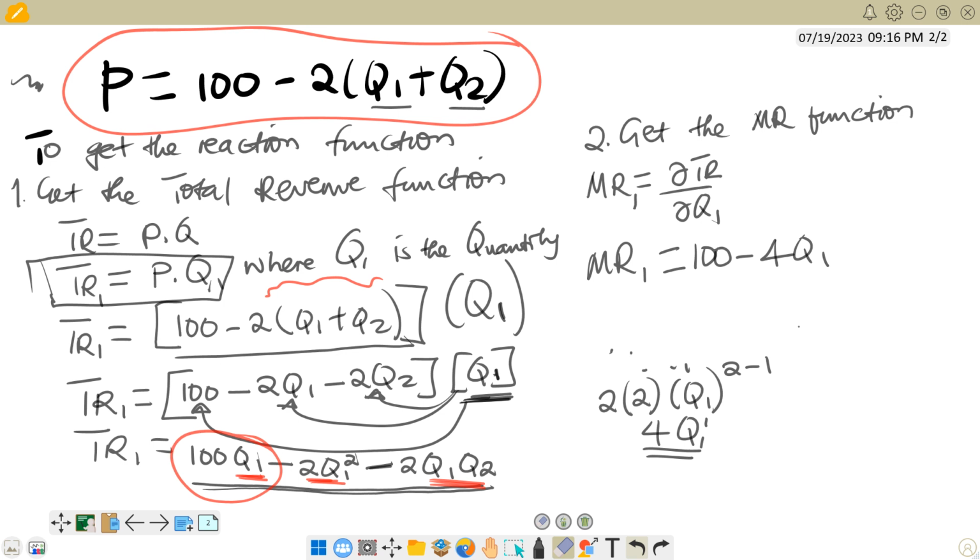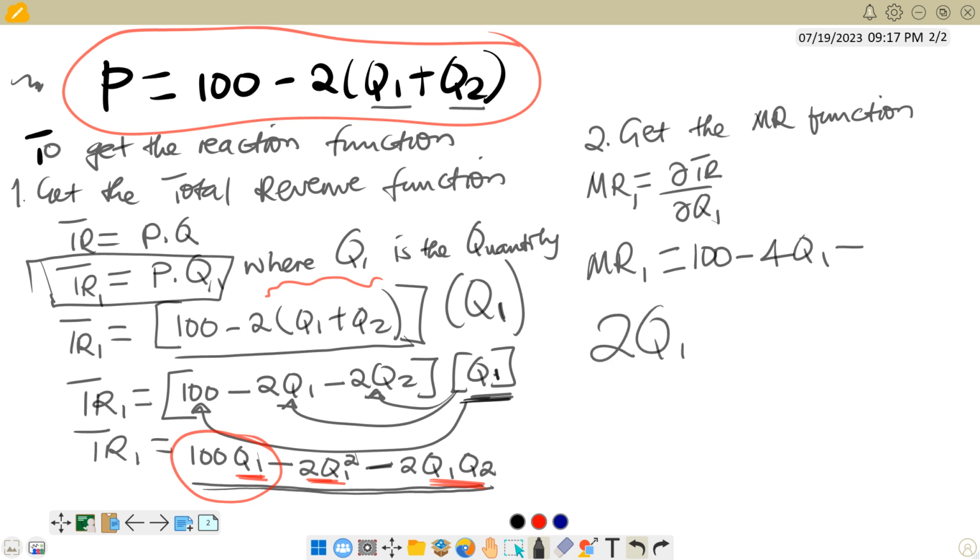Next is to deal with the minus 2Q1Q2. Remember, we are differentiating with respect to Q1. So we can put a negative there, and we are dealing with 2Q1Q2. We want to differentiate this with respect to Q1. Now, look at this.